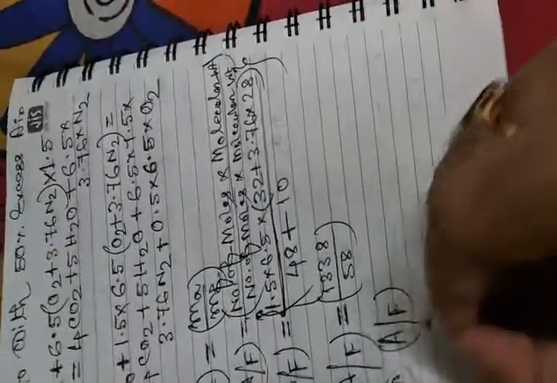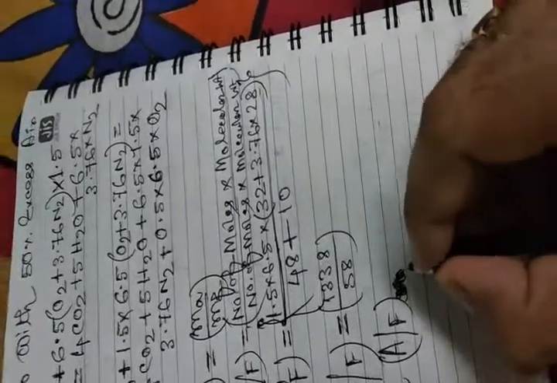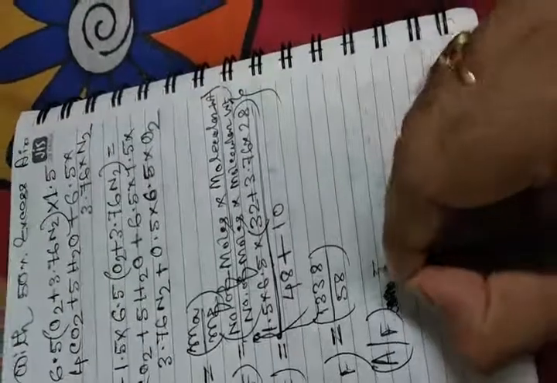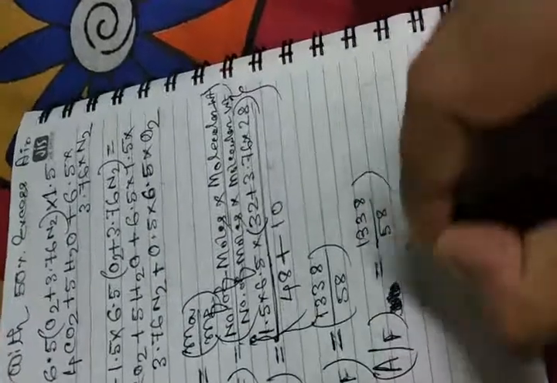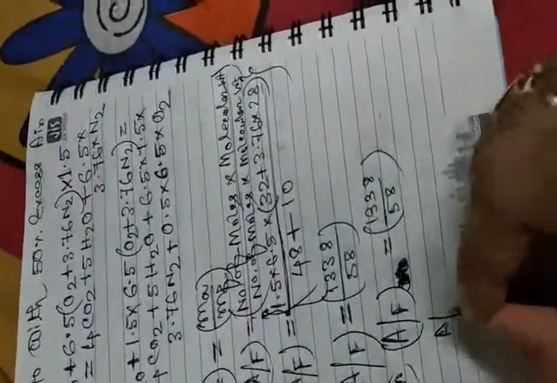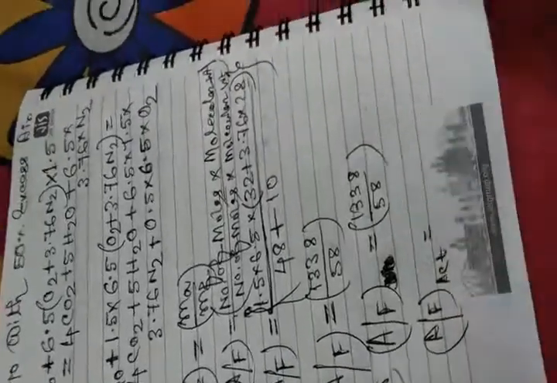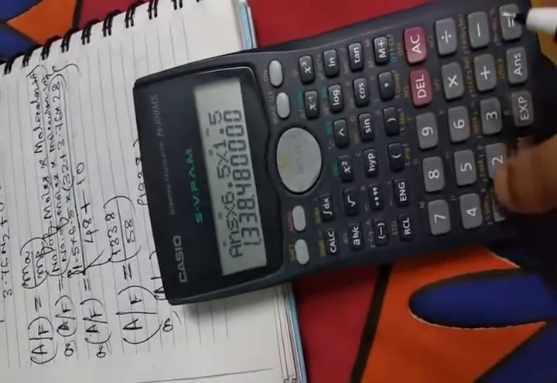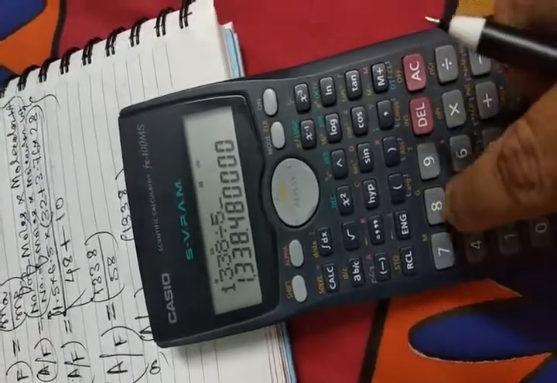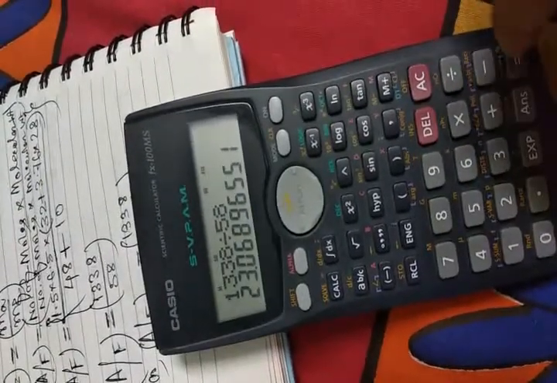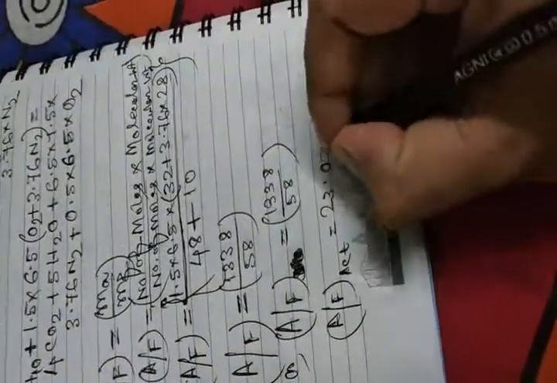This would not be the stoichiometric air-fuel ratio; this is the actual air-fuel ratio, 1338 divided by 58, which is 23.07. So 23.07 is to 1, that is the answer.